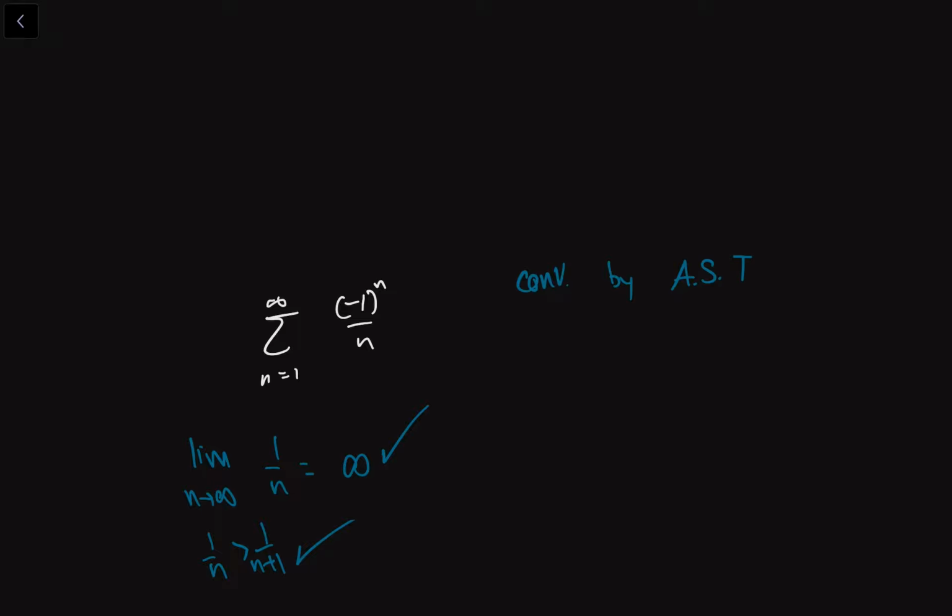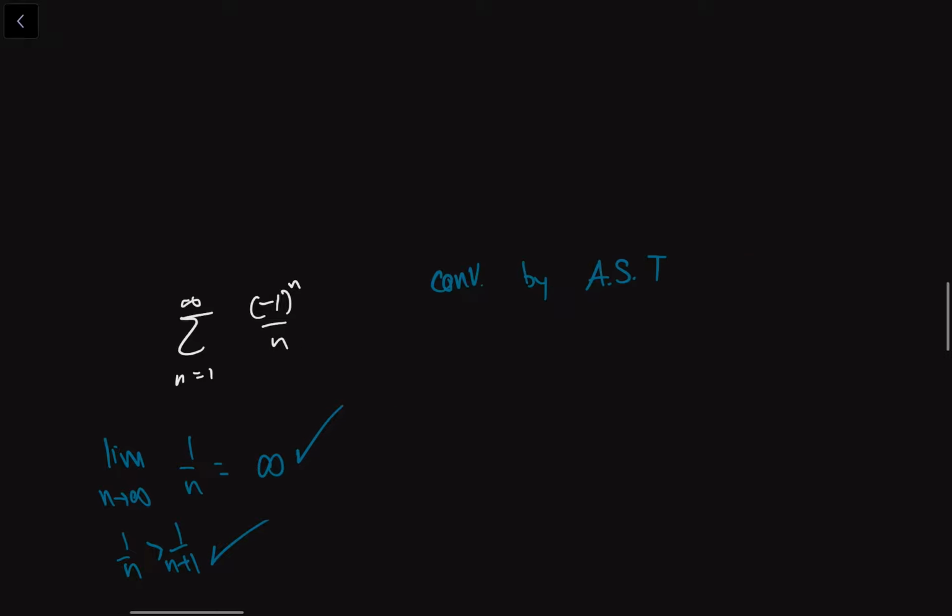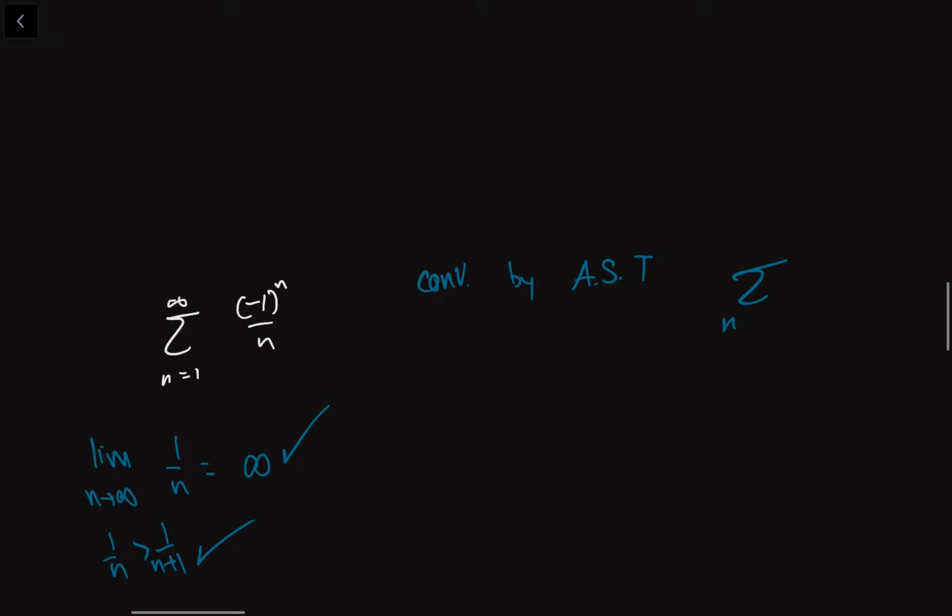Hang on though. Don't we know something about this series? We know that this series right here diverges. It's a divergent harmonic. So how can it become convergent just because it alternates?